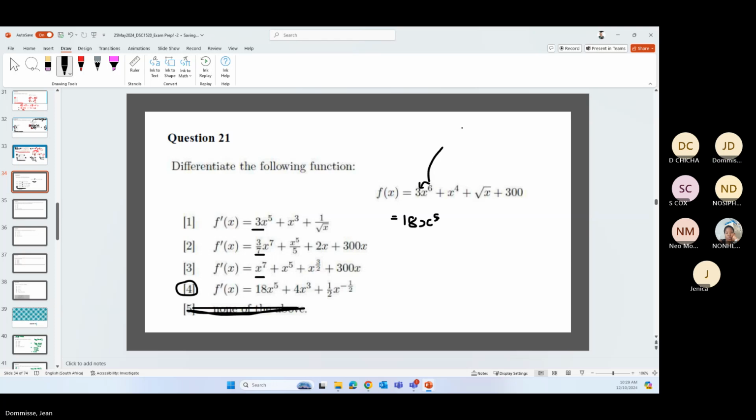Just see, if we said let's integrate, remember integration, you add 1, then you divide by what that is. So 6 plus 1 is 7. Look there, 3 over 7 x to the power of 7.